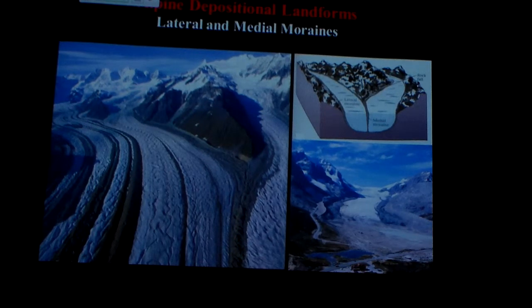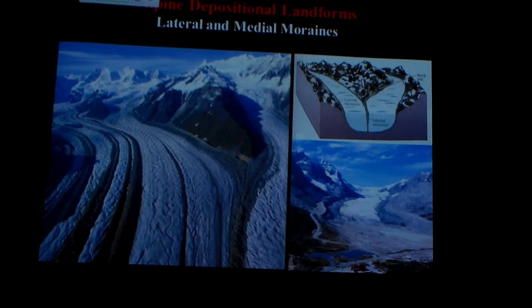And once they get past that point where they join, now that moraine isn't at the sides, but it's incorporated within the glacial ice as it flows down the big valley. Now we call it a medial moraine because it's in the middle. And you can see this glacier has 1, 2, 3, 4, 5, 6, 7, 8, 9 medial moraines in it.